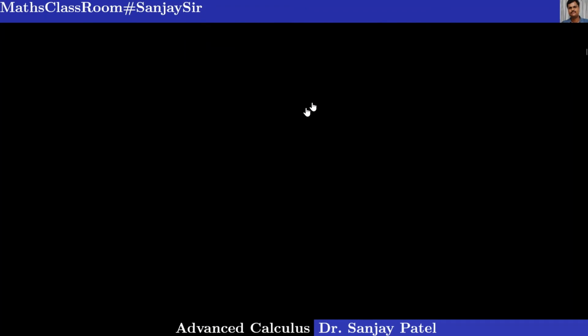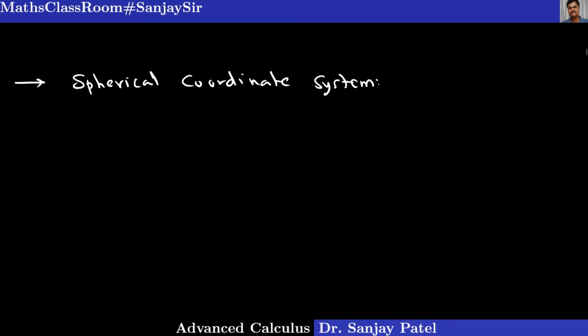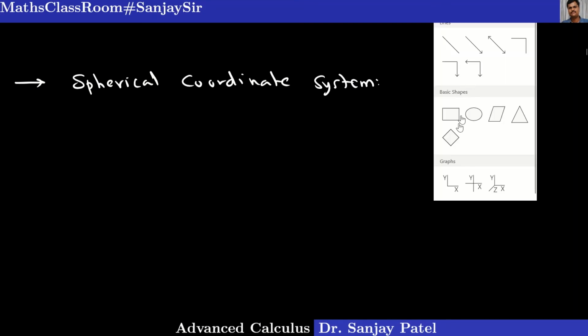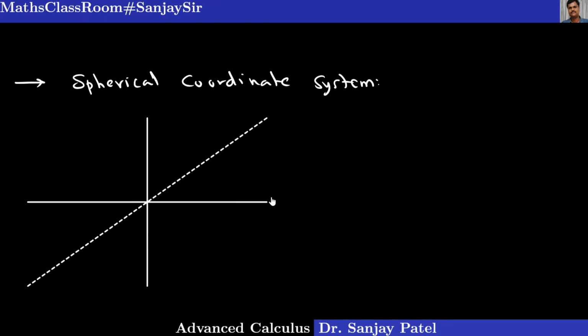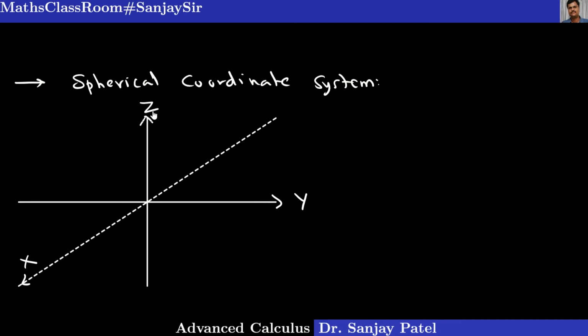So let me explain the spherical coordinate system. Again I take a 3-dimensional space like this. Suppose this is the x-axis, this is the y-axis, and this is the z-axis, and this is my origin.